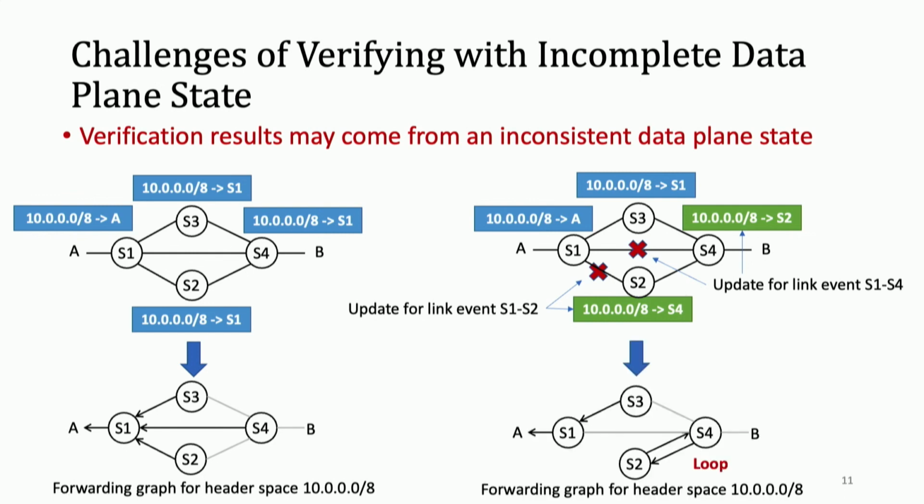In this case, verification captures it, but raising too many alarms for transient states can sometimes be very noisy, and it's not very useful in real-time operation. So we also want to avoid raising too many of these transient state alerts.